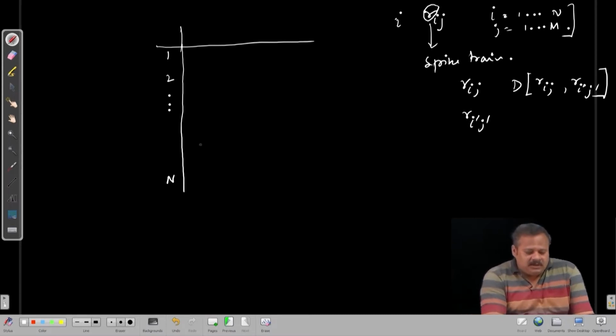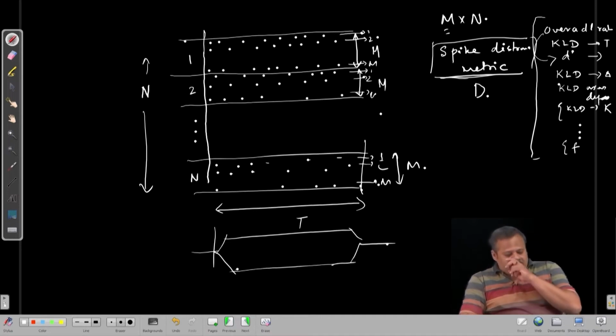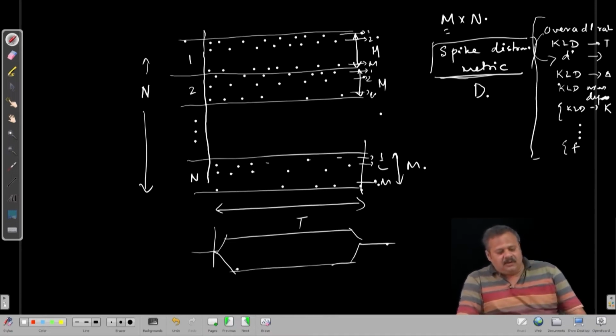That is essentially two rows of this entire data set of spike trains.